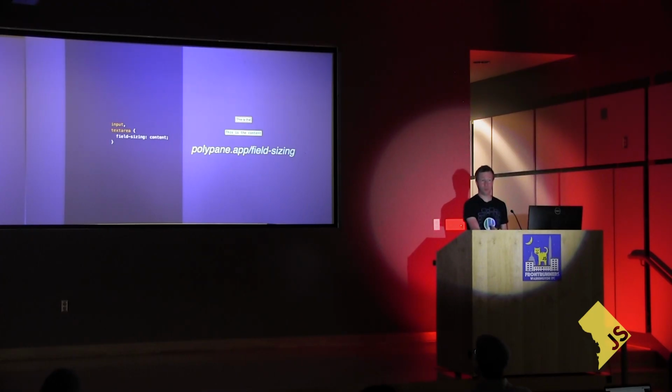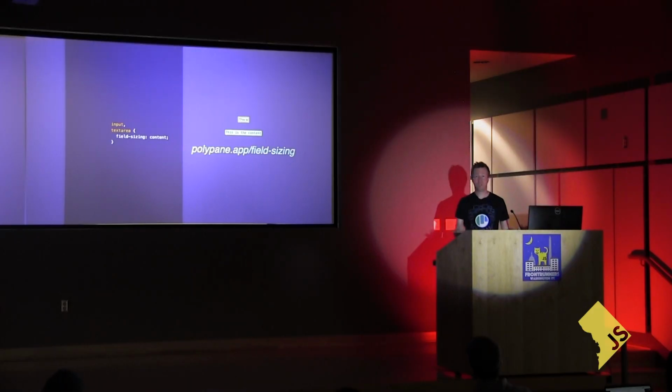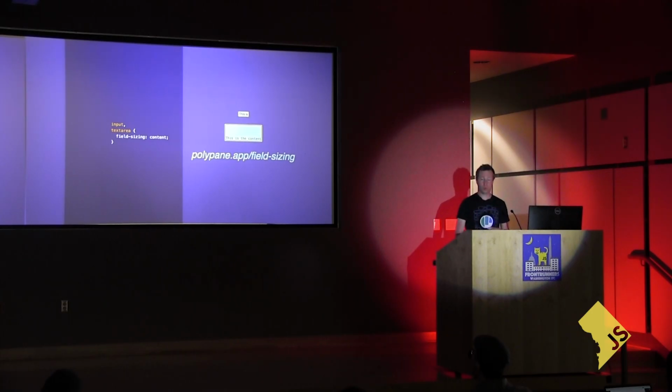And if you've ever built this in JavaScript, you know how annoying it is to copy out the content, add it in a div, make sure that the styling of the div is exactly the same as the input, measure the div, then set the size of the input again. That's not great. This is a single line of CSS. And it works for inputs, and it also works for text areas in 2 dimensions. So that's very nice.